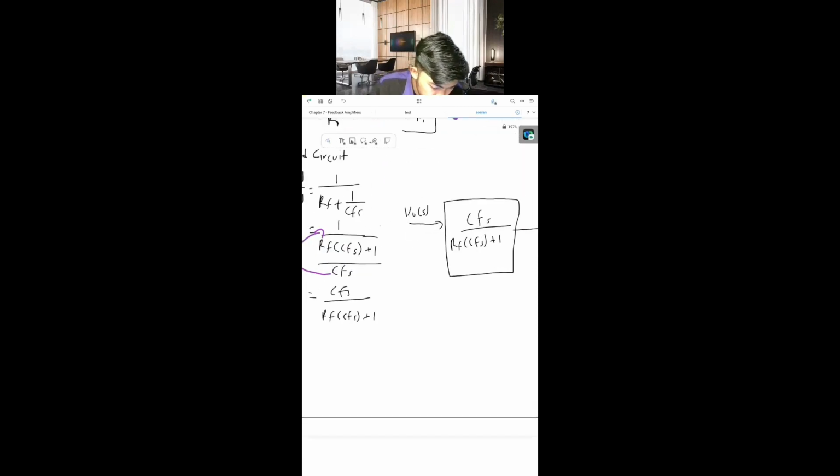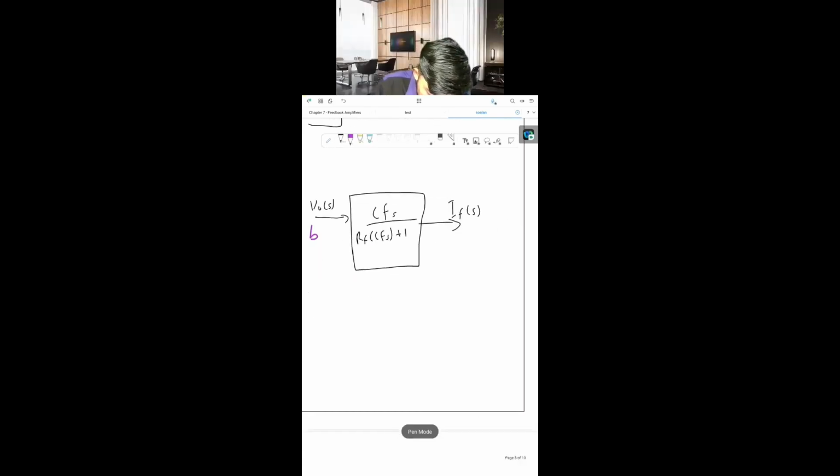Continue with B and C. Right. Now we move on to this next one, which is the generator.